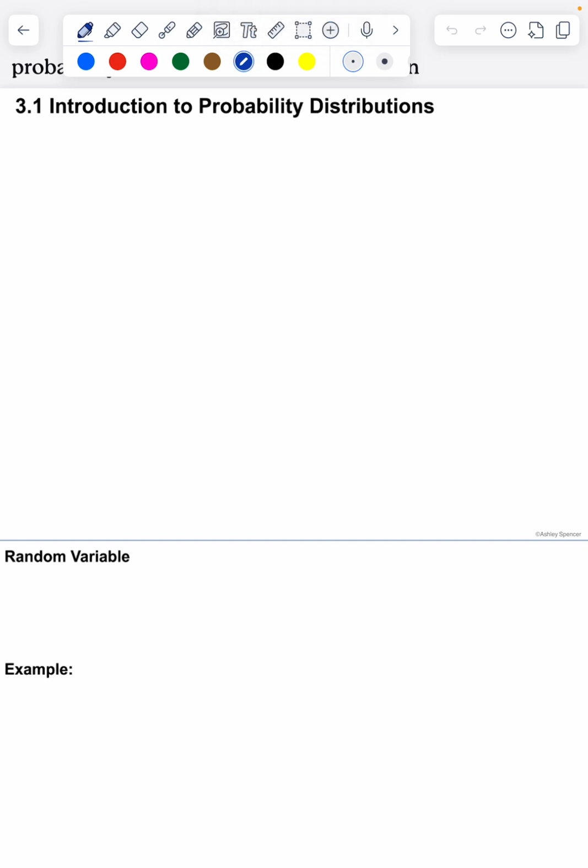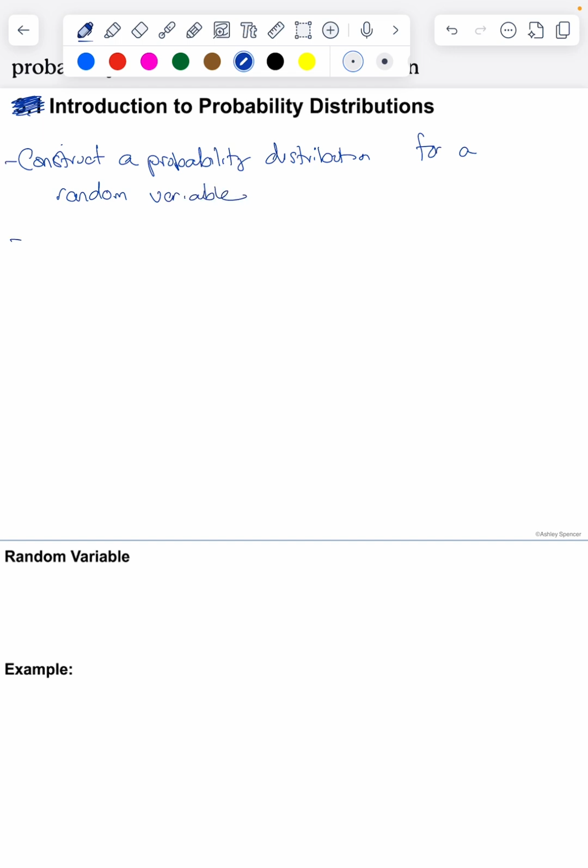Okay, so let's finish up these last set of notes. We're not going to call it 3.1, just Introduction to Probability Distribution. So a few objectives here: we want to construct a probability distribution for a random variable, which we will talk about what that is in just a second.